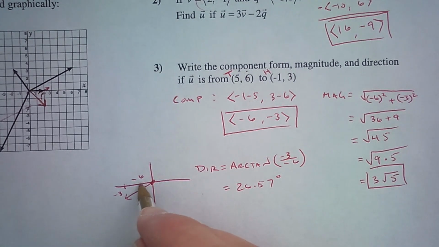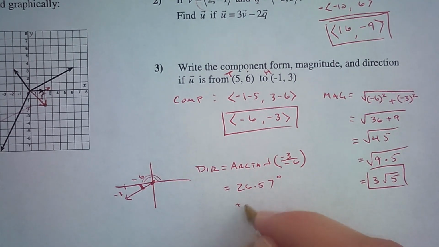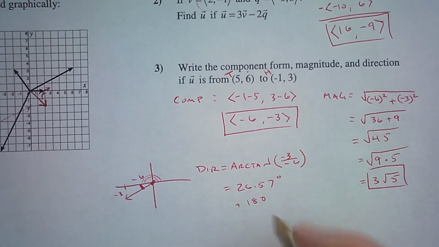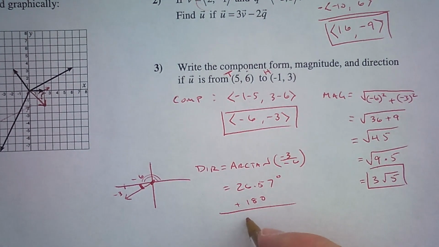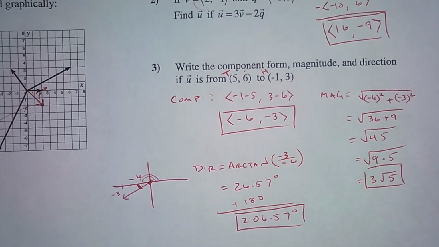Okay, so this right here is 26.57 degrees, but that by itself is not the direction. We have to add this 180 here, so plus 180, and that is going to give us 206.57 degrees. So the direction is 206.57 degrees.